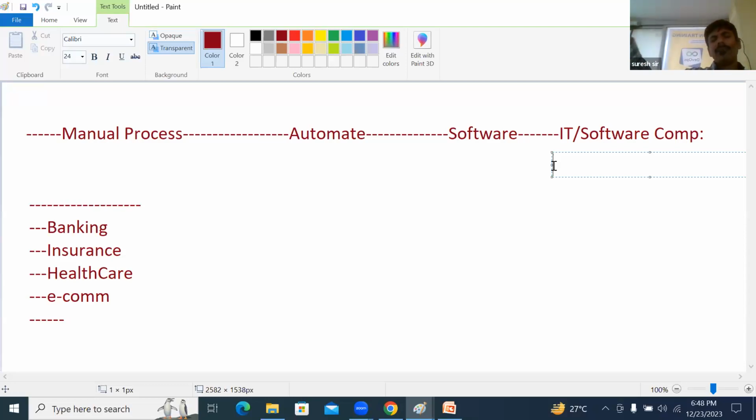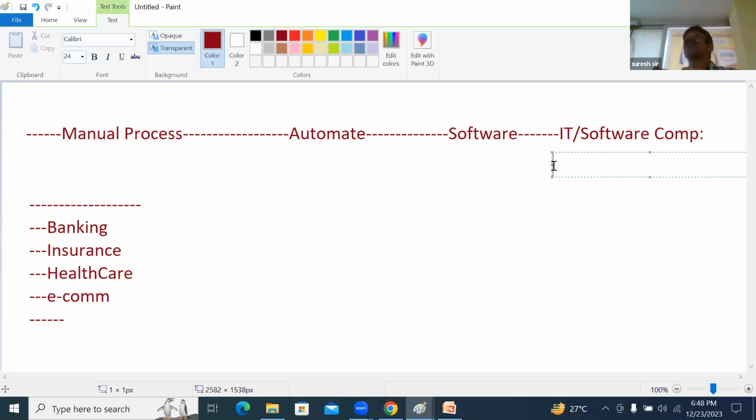What is it? Requirements. They will be asking that, okay, boss, we'll go with the software, first explain your requirements. The IT company people will be asking that, explain your requirements. What kind of software are you expecting? What kind of business?